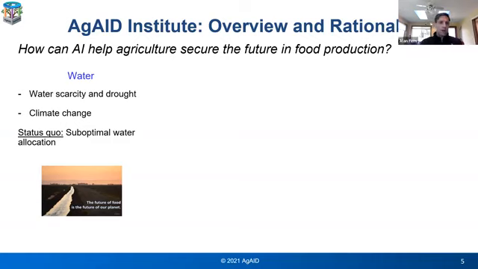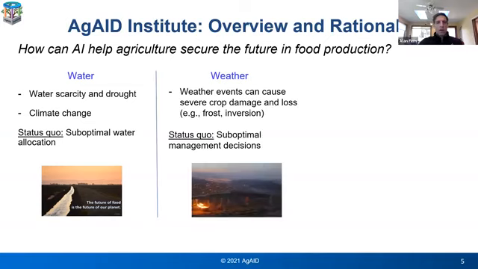And that's something that you hear about in the news almost every year, especially when there's a drought season. So this is one place where AI might be able to help. How do we allocate water? How do we do better predictions about how much water we're going to have?